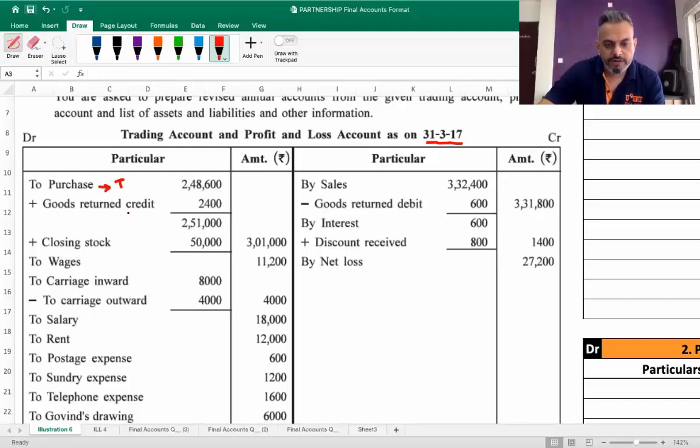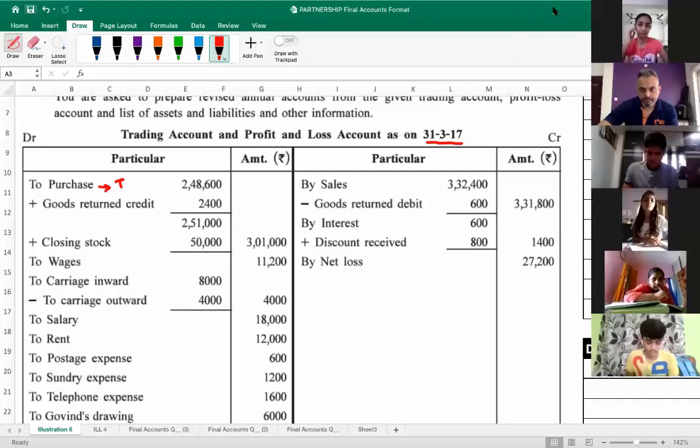Now, goods return credit. Can you tell me what this goods return credit is? Any one of you? Do you know what goods return credit is? Okay.